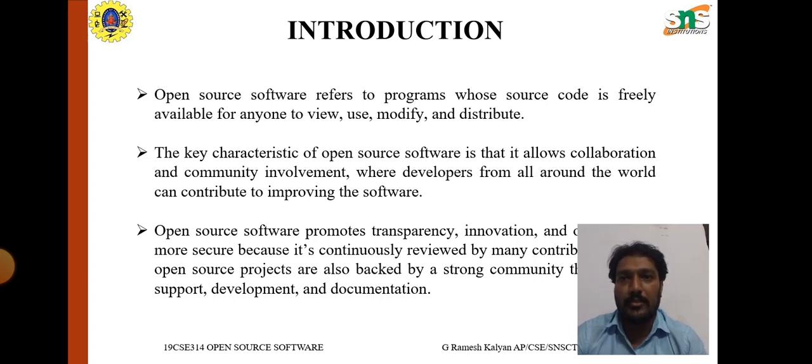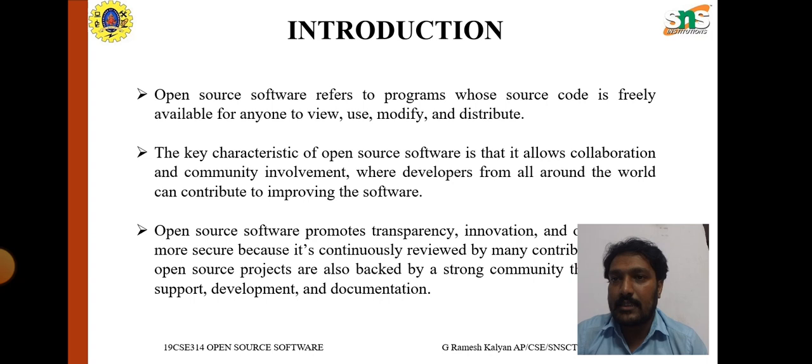The main purpose of the freely available source code is that it allows users to modify it and customize it as per their use, and even distribute their own software, but it should be in the free versions.